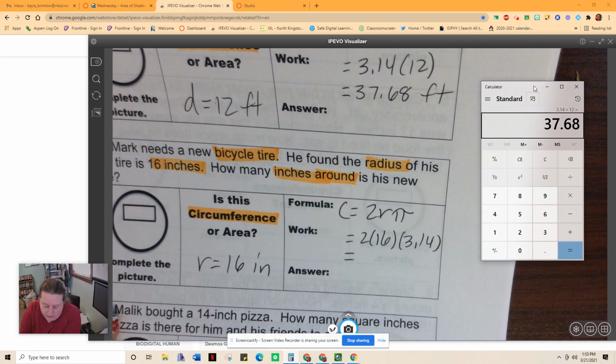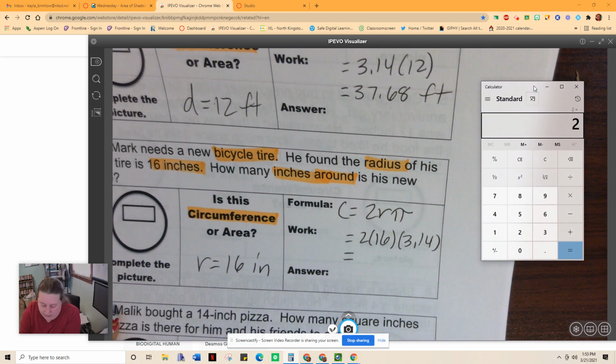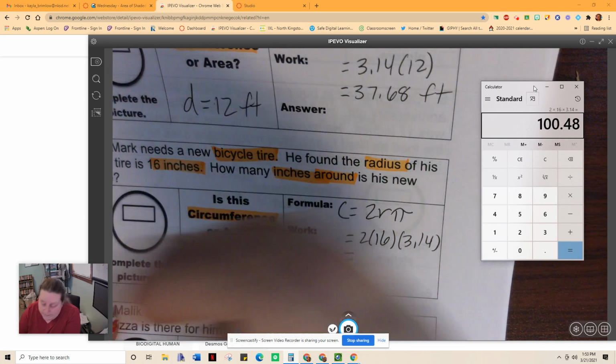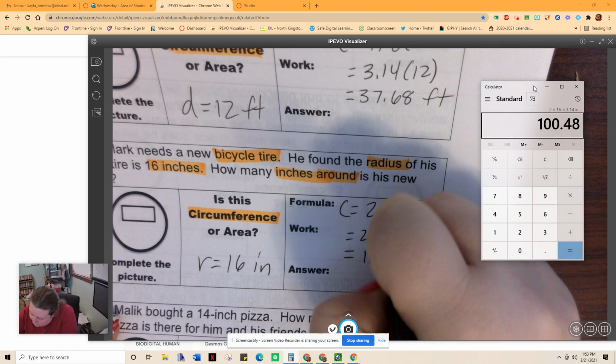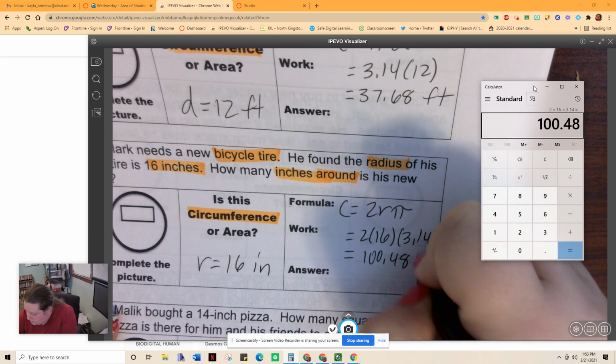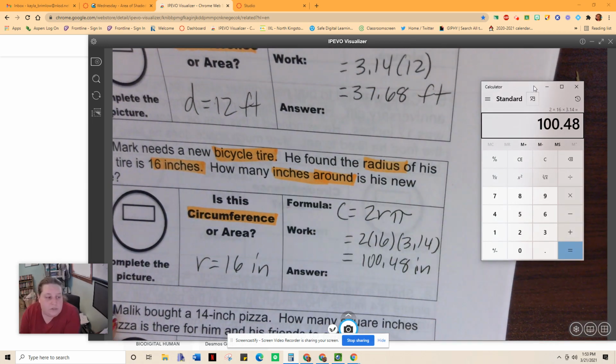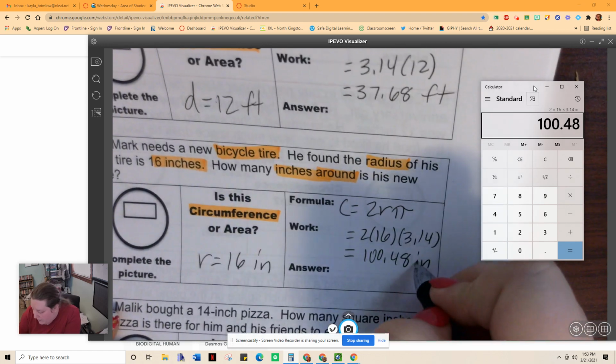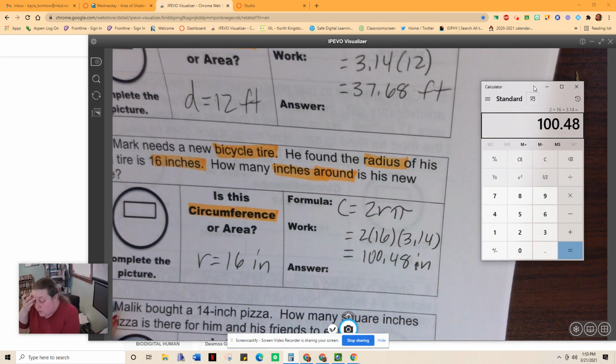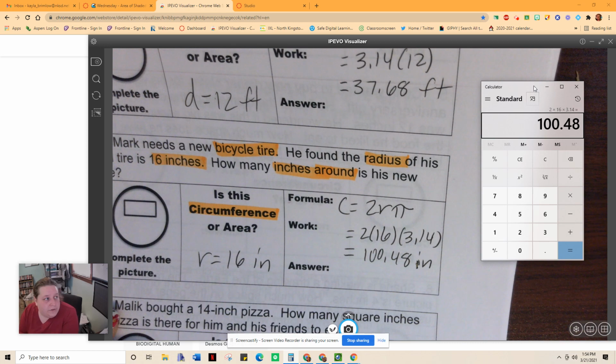So I'm going to go ahead and use my calculator. 2 times 16 times pi, 3.14, is 100.48 inches. It's already rounded to the nearest hundredth, and we have our label with the units they used, so we are all set.